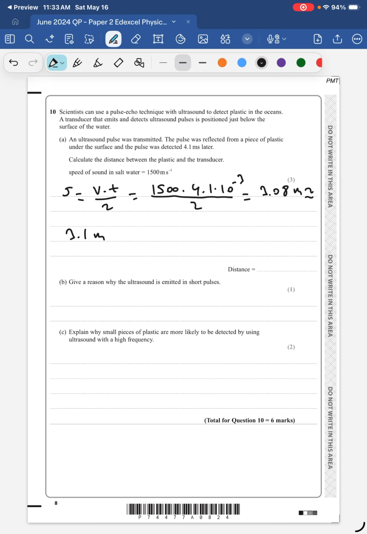Part B, give a reason why the ultrasound is emitted in short pulses.